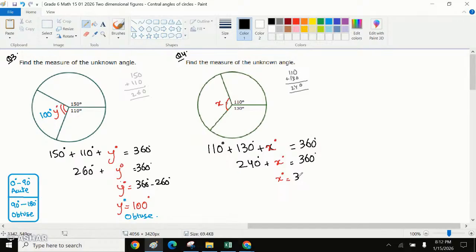When it goes to the other side, it's subtracted. So the answer should be 360 minus 240. The angle x should come out to be what is 360 minus 240?